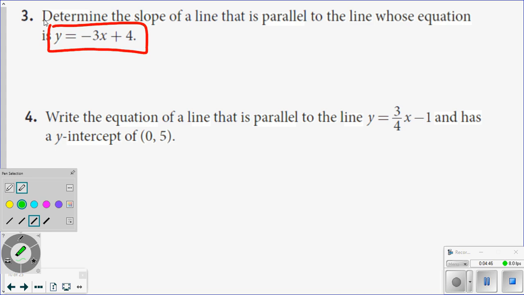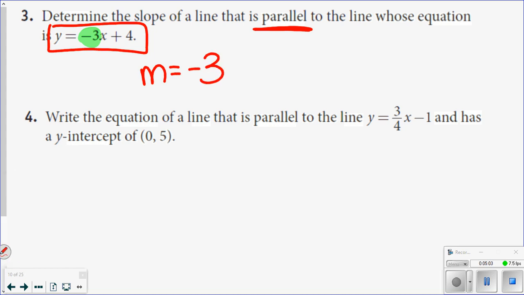It's the number in front of the x. It's my m. So this slope is negative 3. So what's the slope parallel to that? It would be the exact same. So it would also be -3.